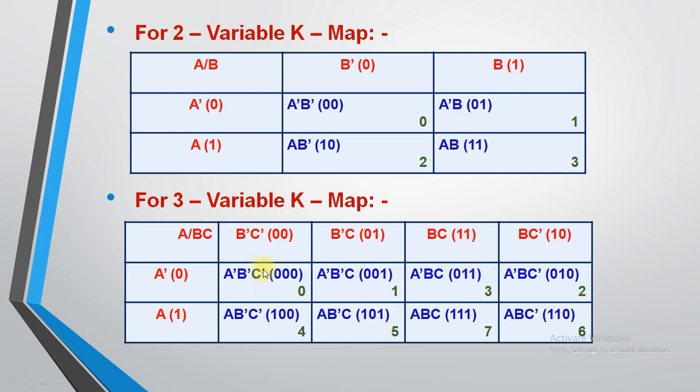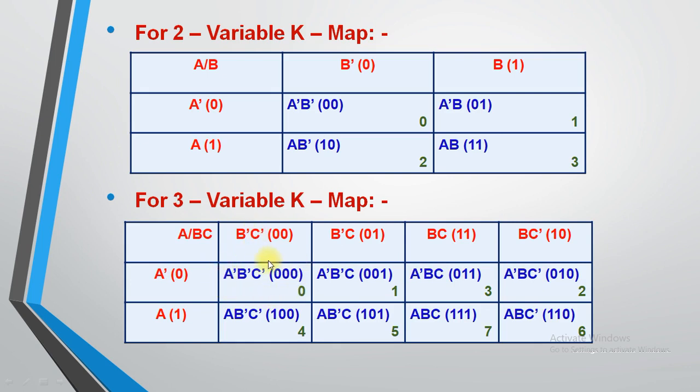Now see, all the 3 variables' value is 0. So it is marked with the dash. So A dash, B dash, C dash; A dash, B dash, C; A dash, B, C; and A dash, B, C dash. The same combination you can compare and tally with this.